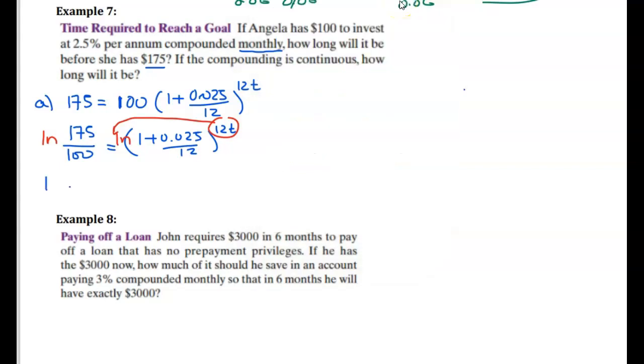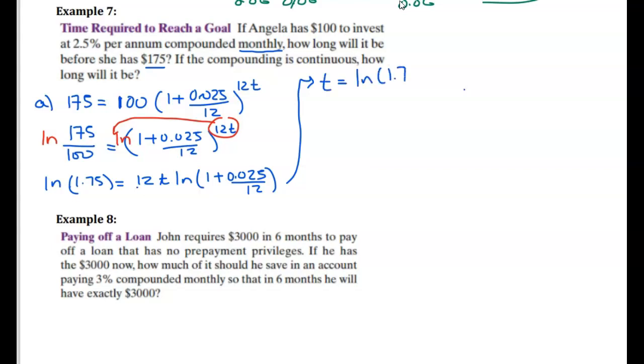Alright, so we have log of 1.75 equals 12t log of 1 plus 0.025 divided by 12. Divide both sides by 12 and by the log. We get t equals log of 1.75 divided by 12 log of 1 plus 0.025 divided by 12.